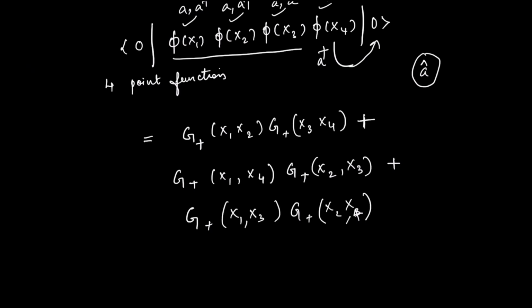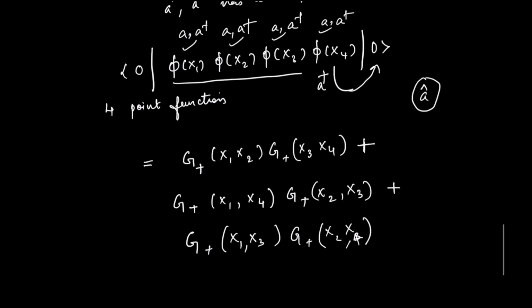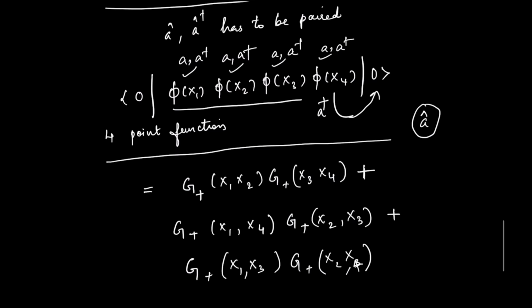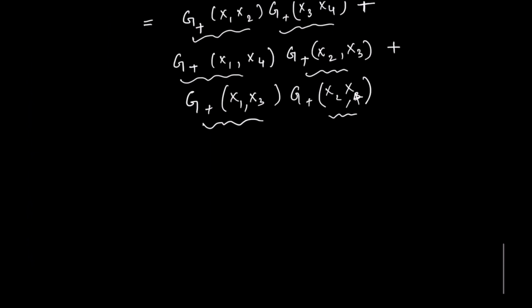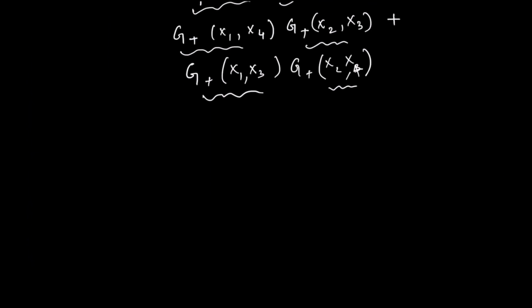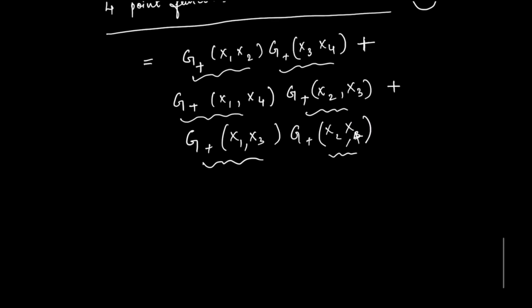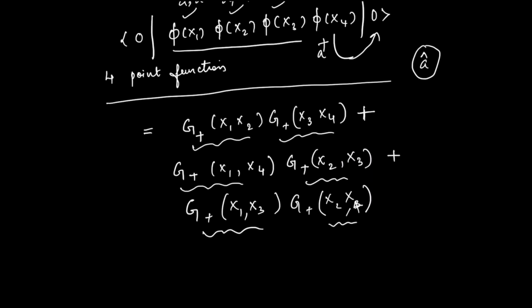Therefore, in free theory, any n-point function in the vacuum reduces to 2-point functions. So these are all 2-point functions. If you know how to solve the 2-point function, then you know everything, because any n-point function can be reduced to a 2-point function. So once you know how to compute a 2-point function, then you know everything.